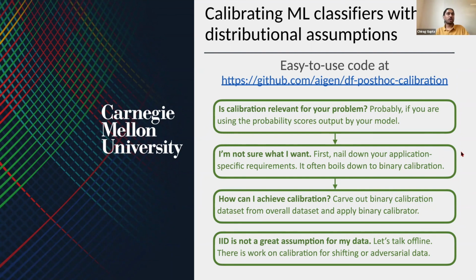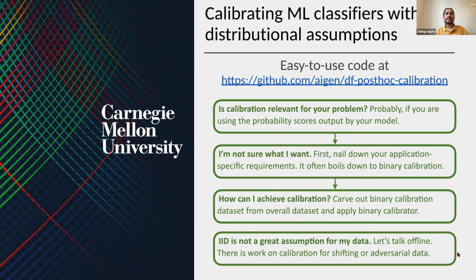And now maybe you're not sure what the right notion of calibration is for your problem. So I would suggest that based on our work, you first write down a bunch of binary calibration requirements that fall from your application. And now you can achieve each of these based on our framework. Okay, so this is a short takeaway for a practitioner.